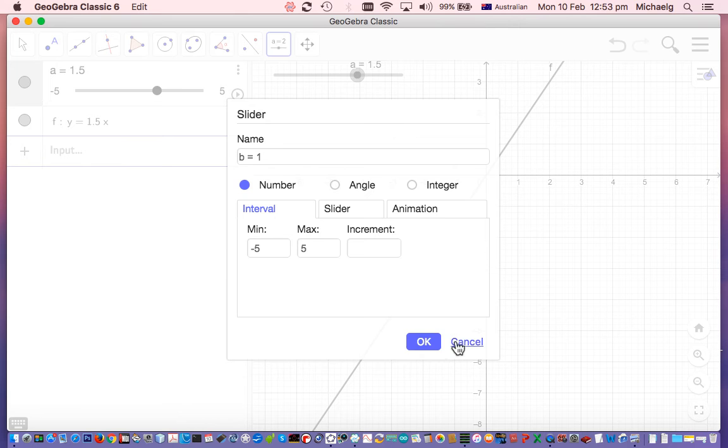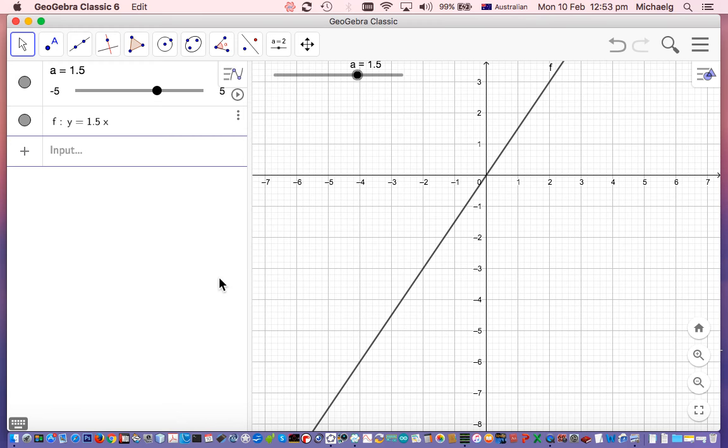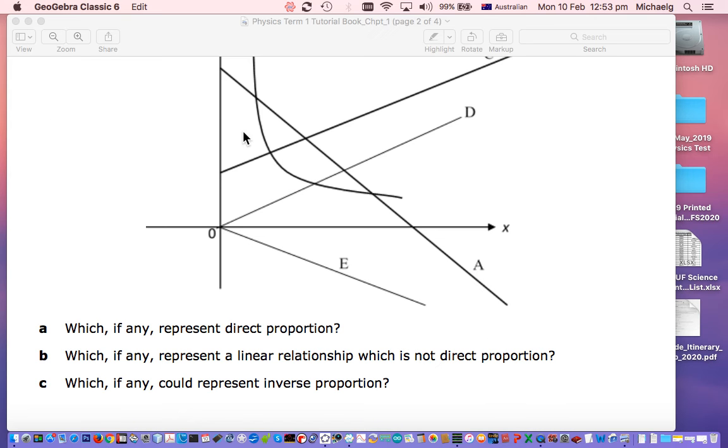So I'll minimize this. Going back to this question, which, if any, represent direct proportionality? It's got to go through the origin. So there's only two that go through the origin. D has a positive direct proportionality. E is also directly proportional, but it has a negative coefficient of proportionality, but it is still a coefficient.